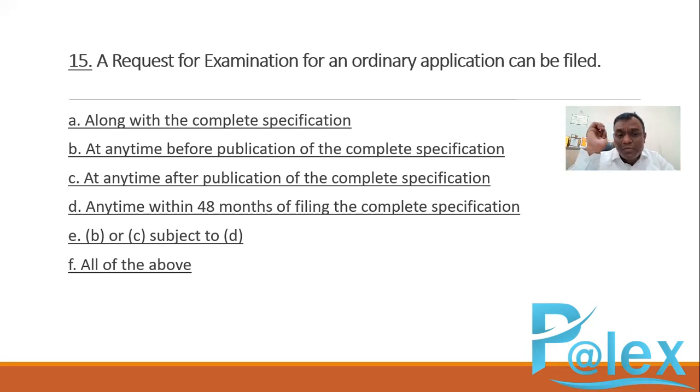C may not be correct because C is only subject to D. C as such is not correct. Anytime after publication of complete application is not correct, because it can be after 5 or 6 years as well. So my apologies. I think the correct answer here is A, B, because that automatically happens before 48 months.